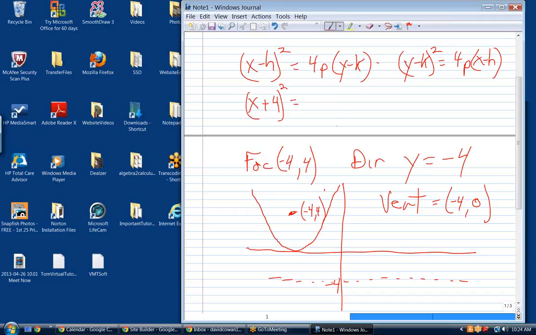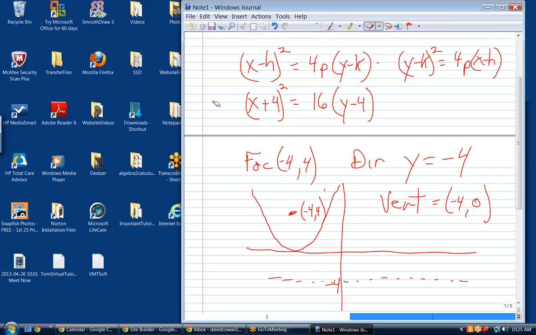And then P was 4. So 4P is going to be 16 times y minus 4. So there's your equation. K is +4, and that's why we write y minus 4.